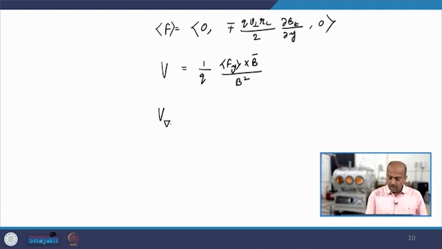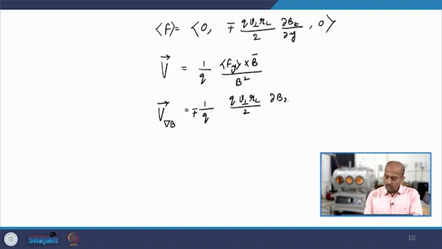Since this is due to the gradient in the magnetic field, I will write the gradient drift velocity is equal to minus plus 1 by q, q v perpendicular RL by 2 dou Bz by dou y along y cap, because this is Fy, cross Bz.